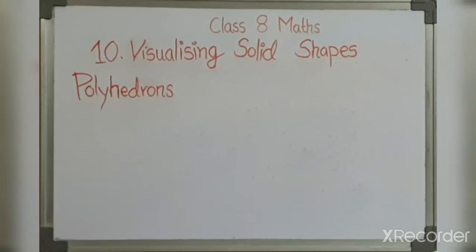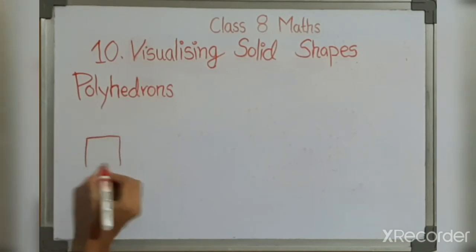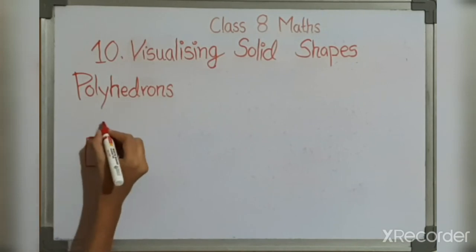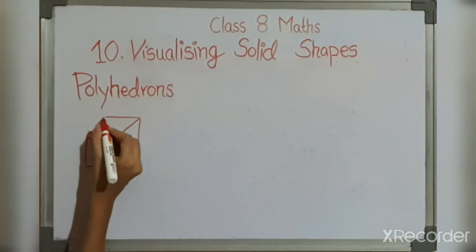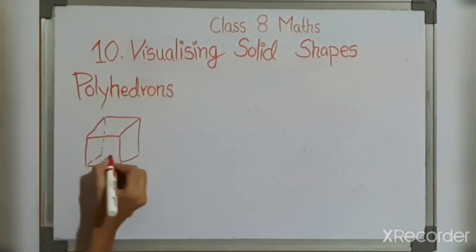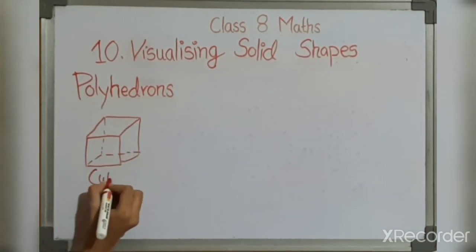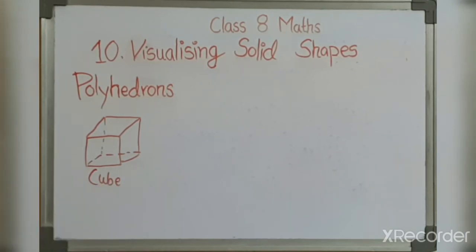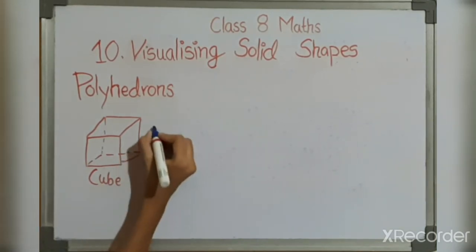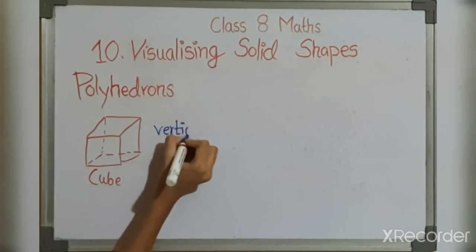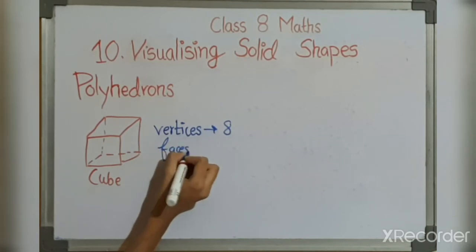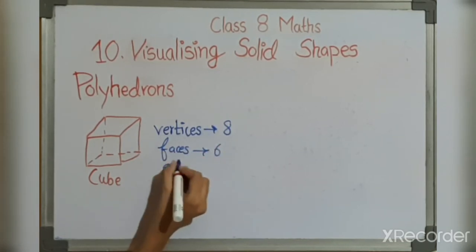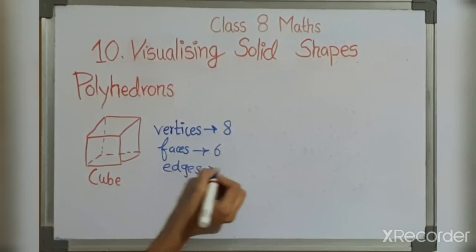So I will be drawing some of the figures here which are the examples of the polyhedron. So this is a cube which I am drawing here. So this cube is a polyhedron and this cube is having vertices 8, faces are 6, edges are 12 in this cube.